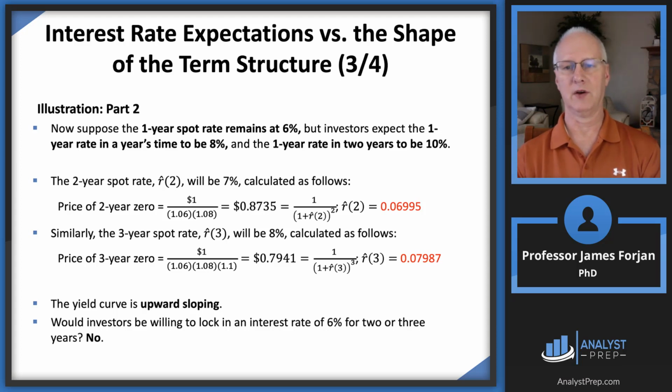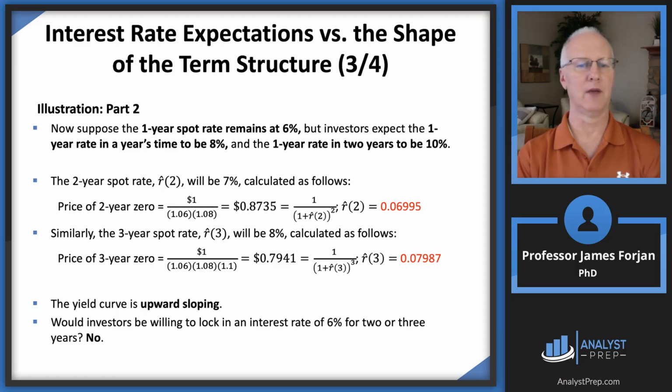And then you can figure out what that 2-year spot rate is. You just do a little algebra there, and it comes out to be 6.995, which is about 7%. And then you can do the same thing with the 3-year rate, which turns out to be 7.987. I rounded there, that's going to be around 8%.